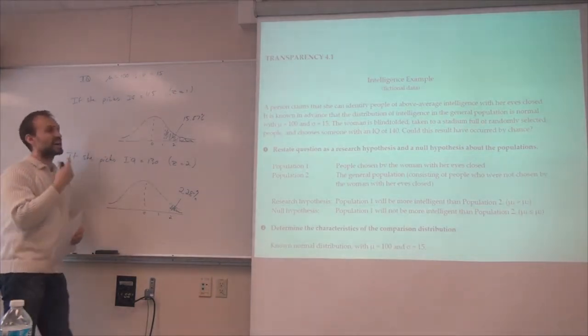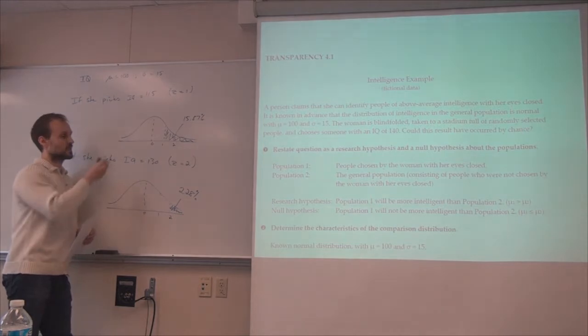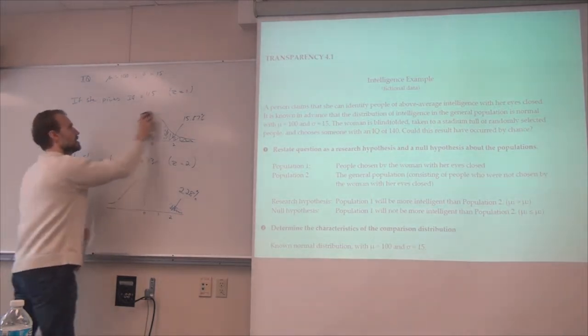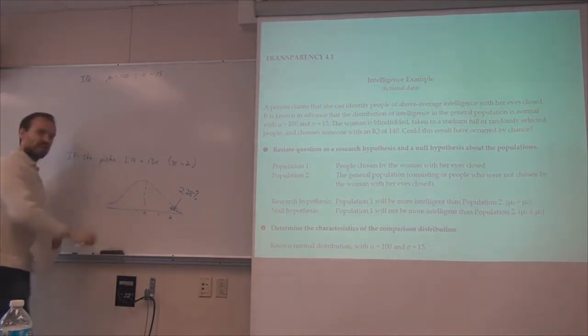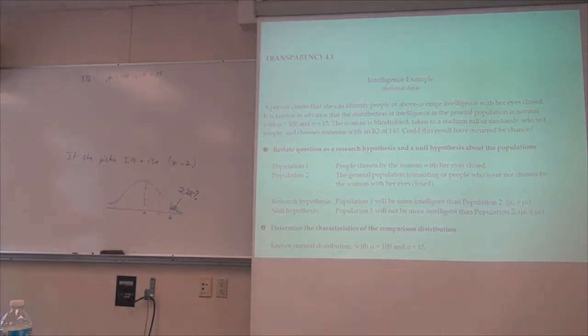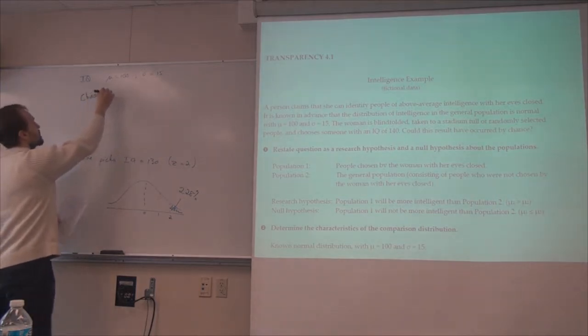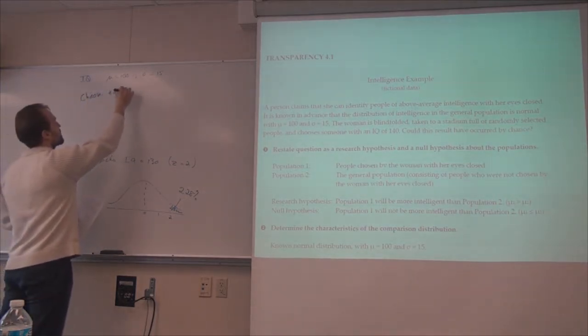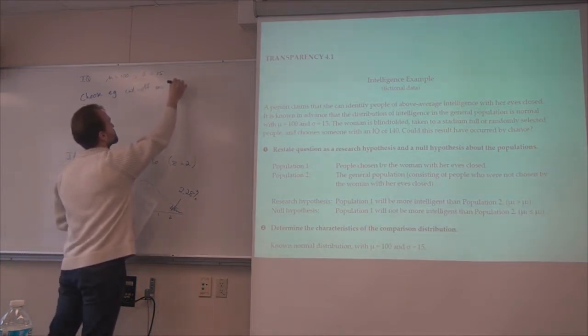If I pick 5% as my cutoff, and she goes and chooses a person, I'm happy with 5% because chances are you wouldn't have picked that randomly. So I could choose, for example, my cutoff as 5%.